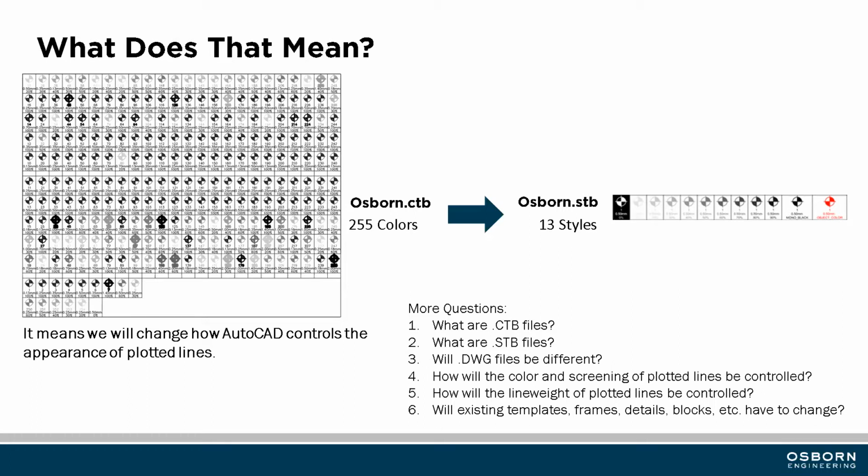Don't worry, we've worked to make the change as simple and as painless for you as possible. In fact, some of the common tasks will even get easier, but you still probably have questions about what this all means.